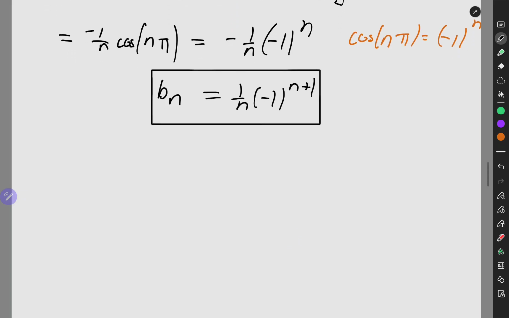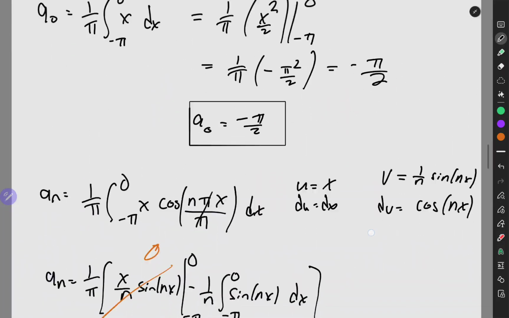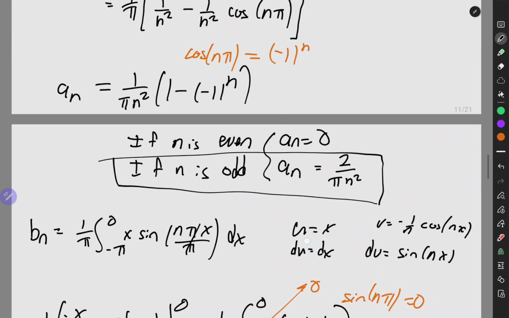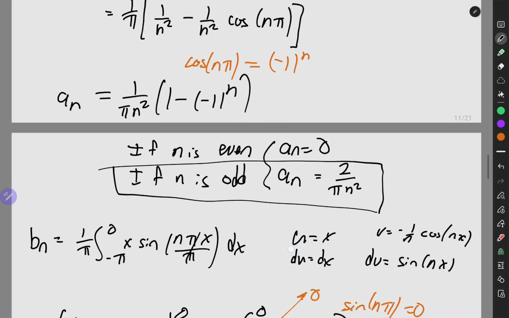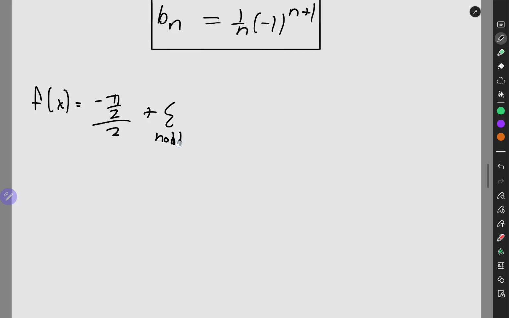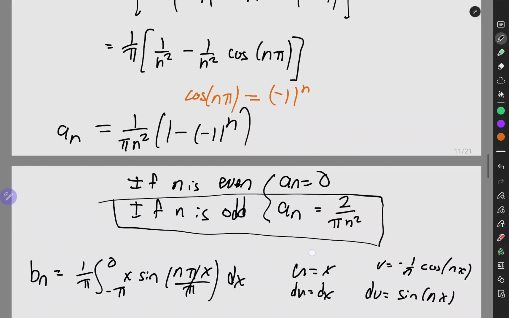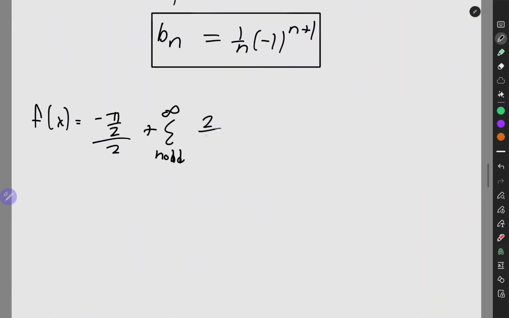Okay, so now we can write out our solution. Remember, it's a sub naught over L, so we have, I'm sorry, a sub naught over 2. A sub naught was negative pi over 2, over 2, plus the sum. Now we have two sums here because a sub n is when n is odd. So this is for n odd, where we had 2 over pi n squared times cosine nx.